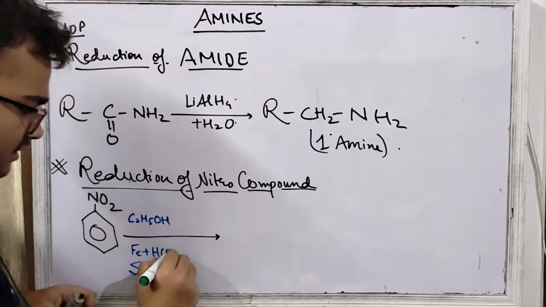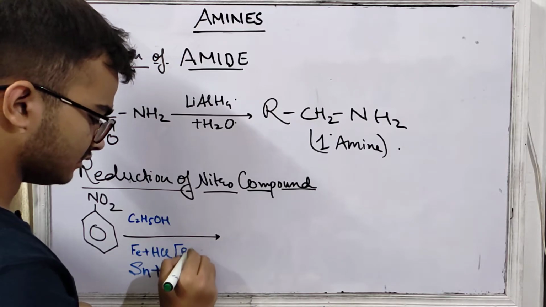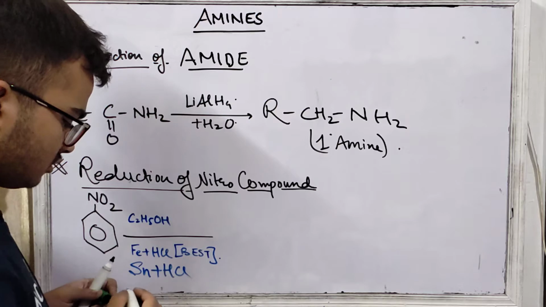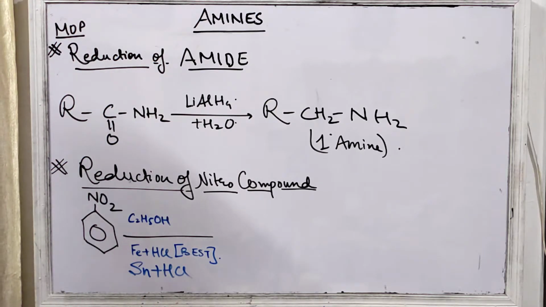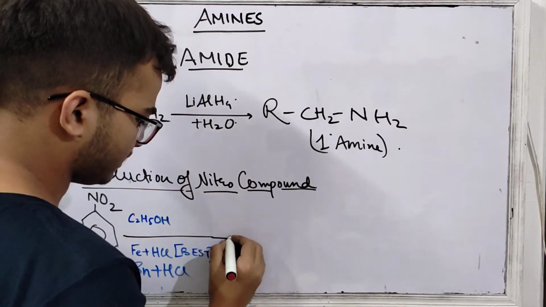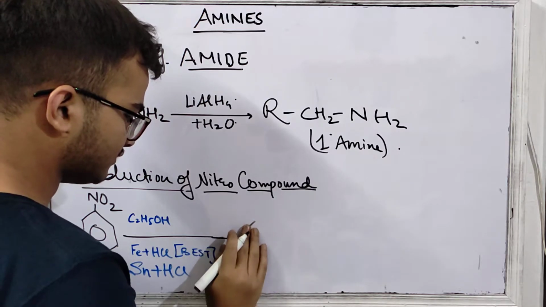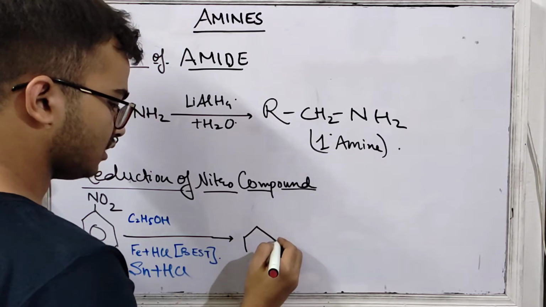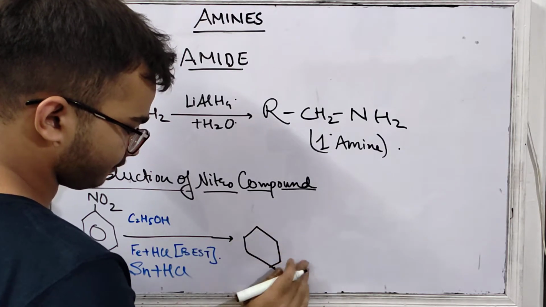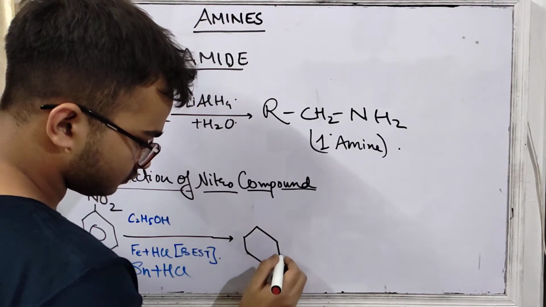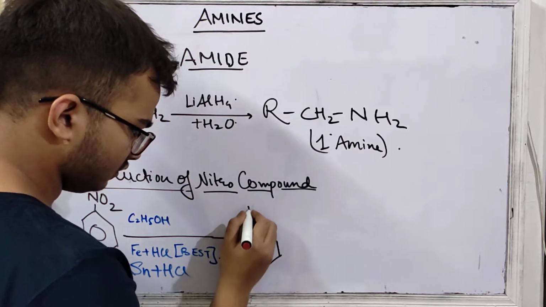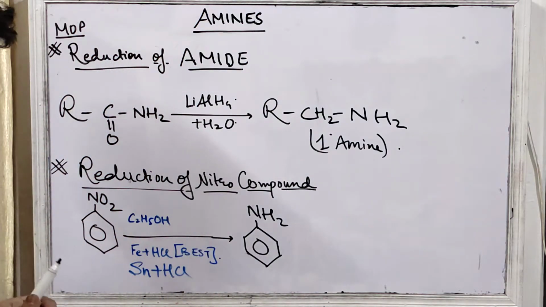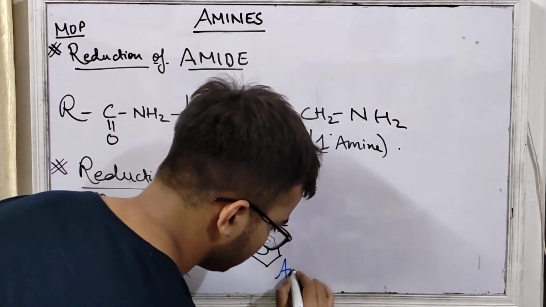But the book says that Fe plus HCl is the best method, which gives the best product. So what happens here is you will get an amine, and this thing is called aniline, which is going to come in the diazotization portion, which we will discuss after the amines. Okay, this is called aniline.